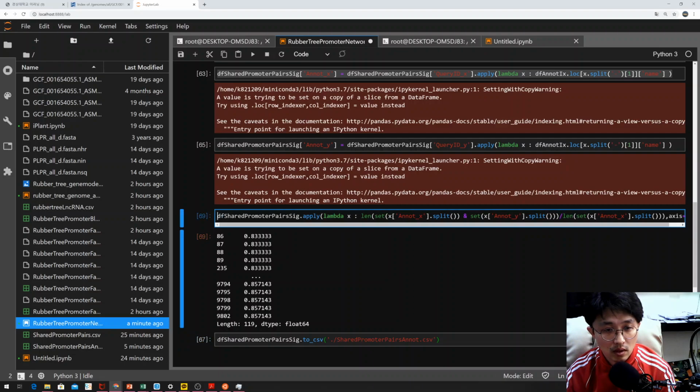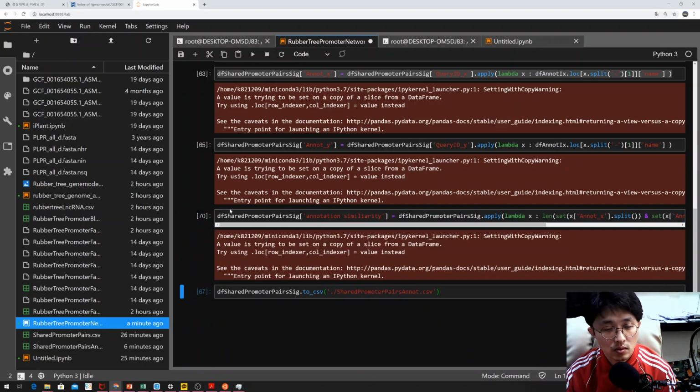Okay, okie dokie. So it's a shared index, so no need to worry about the notation. Similarity, right? Good.